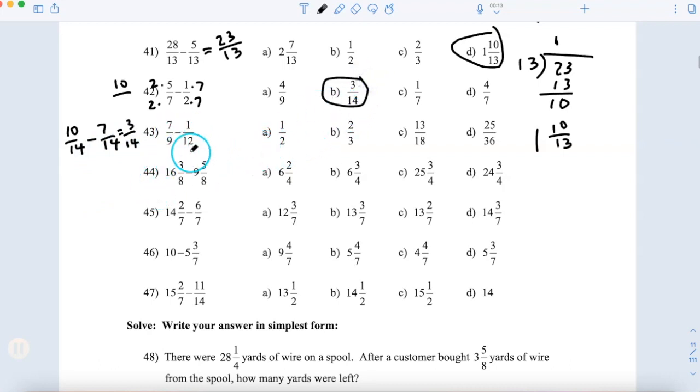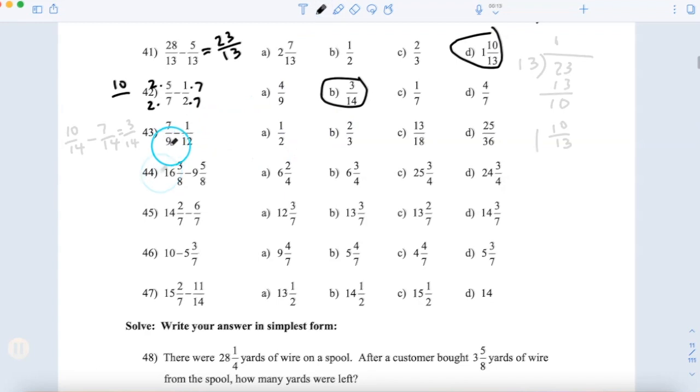Same idea now. 9 and 12. You can find the common denominator between these two, right? 3 goes into both of them. So 24, 36, maybe 36 is the common denominator. So you start with 9 times 2 is 18, times 3 is 27, times 4 is 36, times 5 is 45. These are multiples of 9, right?